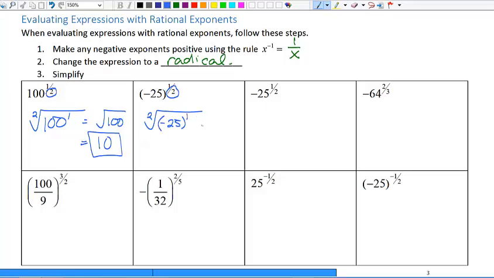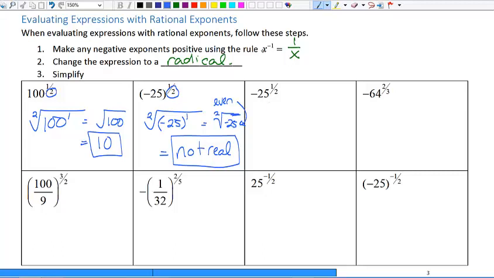Again, raised to the 1 doesn't really do anything, so we just have the square root of negative 25. Because it's a square root and the index, which I don't really have to write, is even, are we allowed to take even roots of a negative number? Well, no. So this answer is not real. There is no such real number that when you multiply it by itself gets you negative 25.